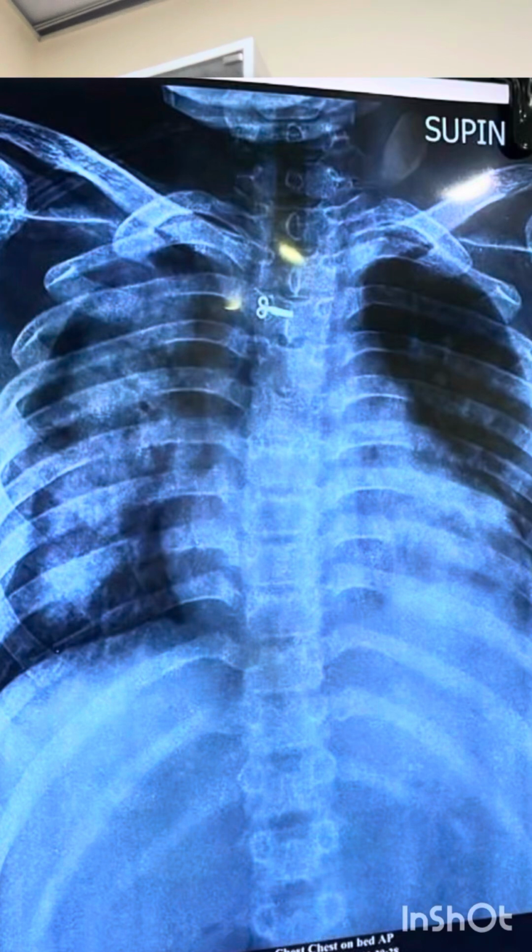So we ordered an initial investigation, complete blood count, which was suggestive of leukocytosis, raised CRP was there, and we ordered the chest x-ray, which was suggestive of opacities involving the right side of upper, middle and lower zone, mainly more in the middle and lower zone.